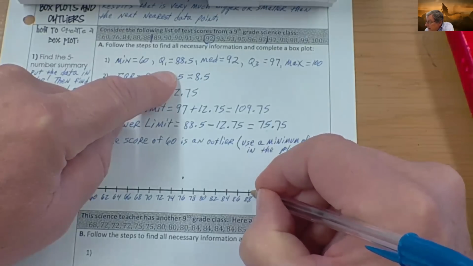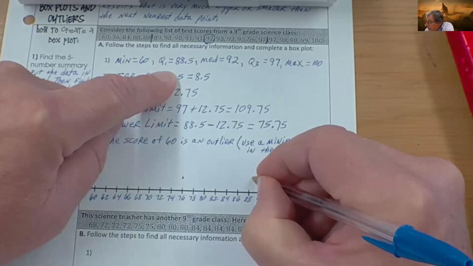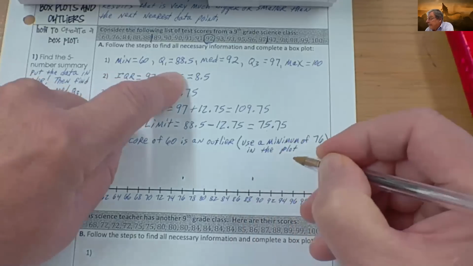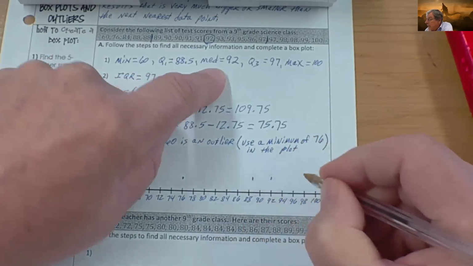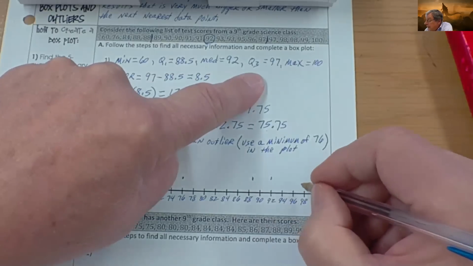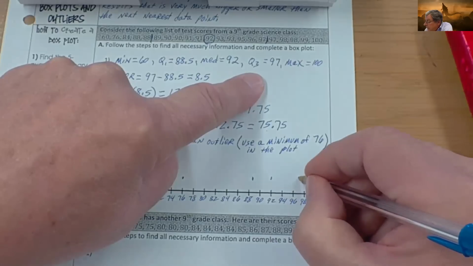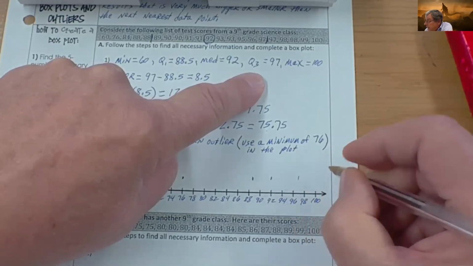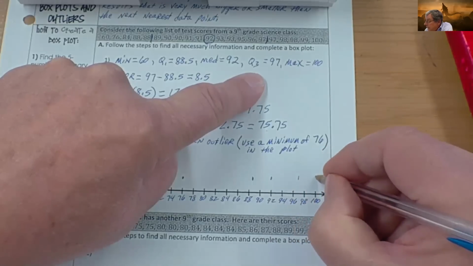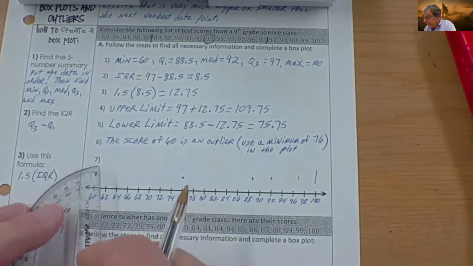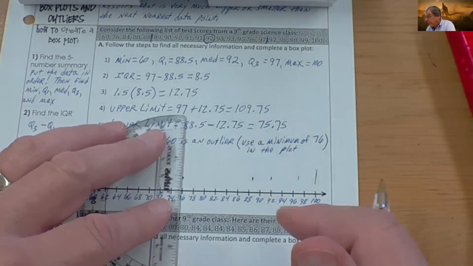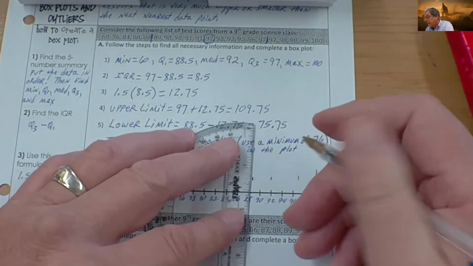That'd be 89, so 88.5 is about right here. Median is 92 here. Q3 is 97, which would be right here. Max of 100. Okay, so my straight edge. Let's do it like this.